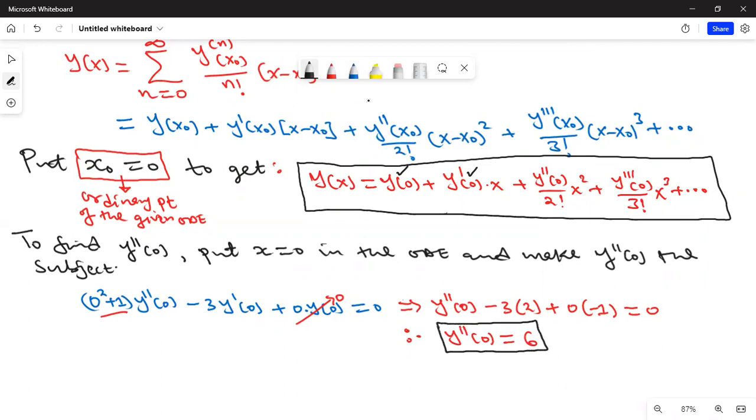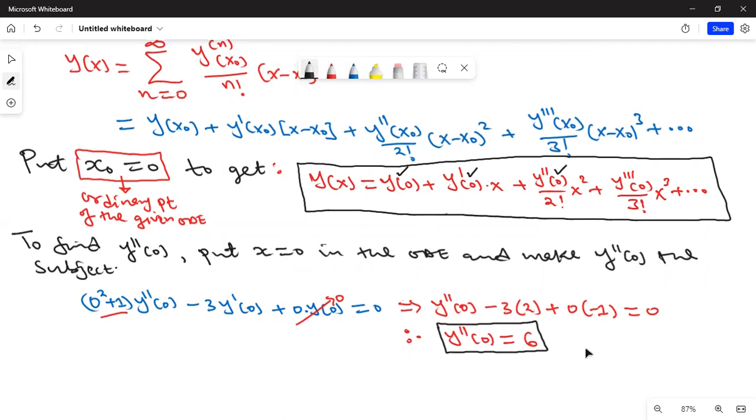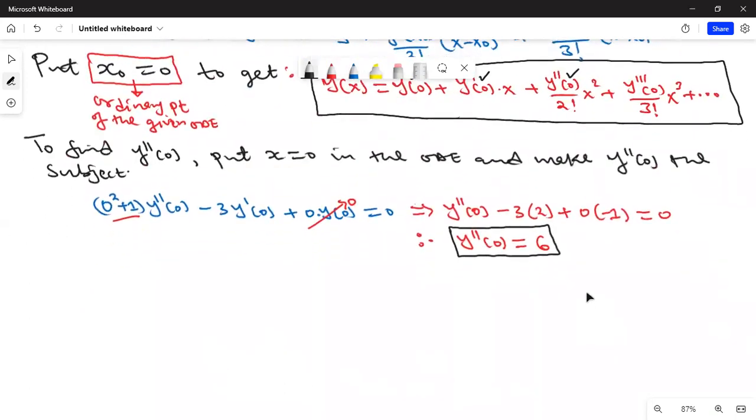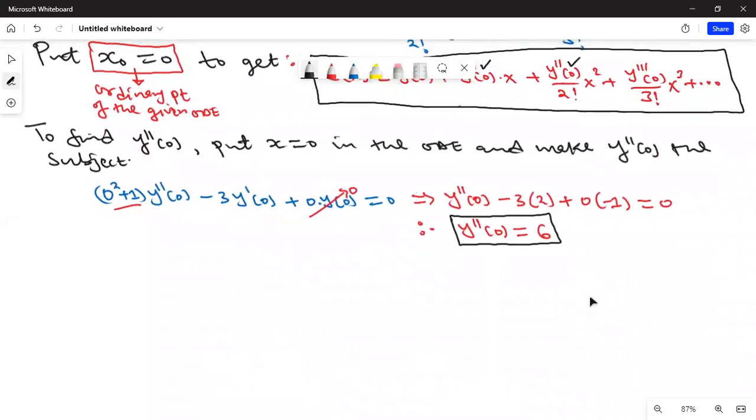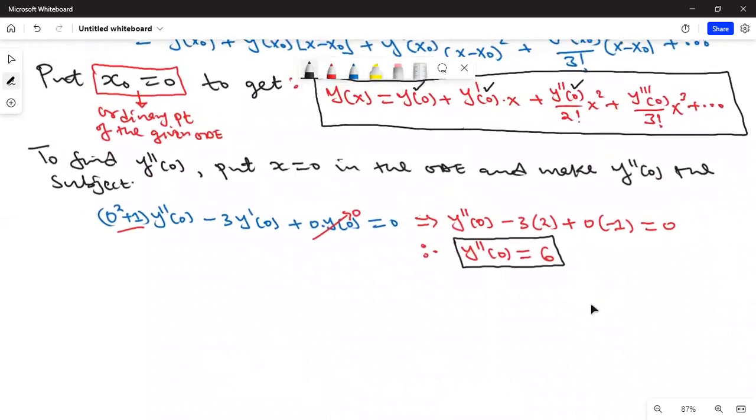Now we have found y double prime of 0. How do you find y third prime of 0? You need to differentiate the ODE, because in the ODE the highest derivative is the second derivative, but here we need the third derivative. So I have to differentiate that ODE so that we can get a third derivative in the equation, and then find that value when x is equal to 0.